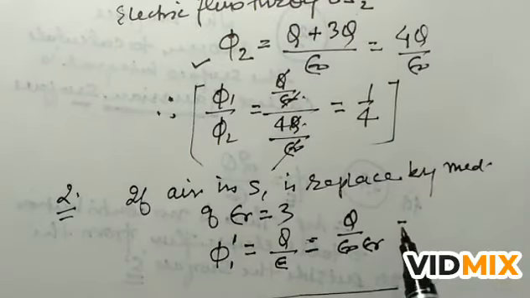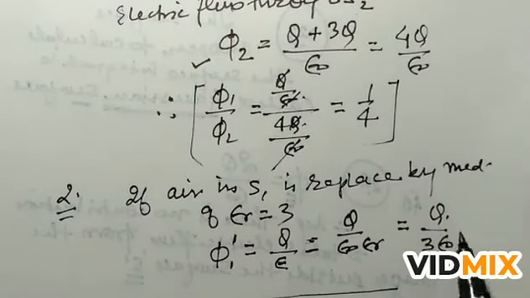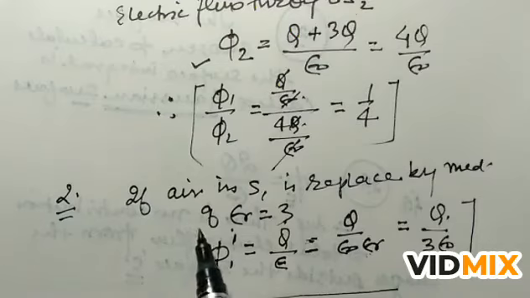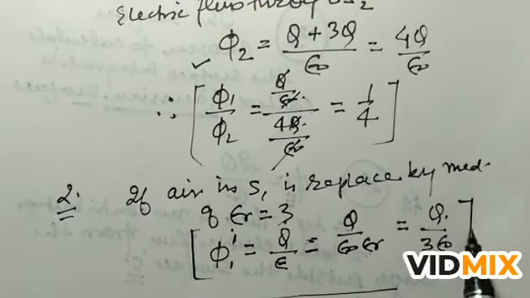So the total flux will be Q by 3 epsilon naught, because the value of epsilon r is 3, so in place of epsilon r we put 3, and this is the total flux from surface S1.